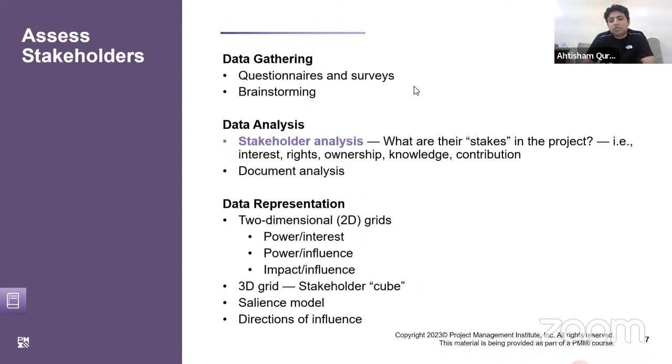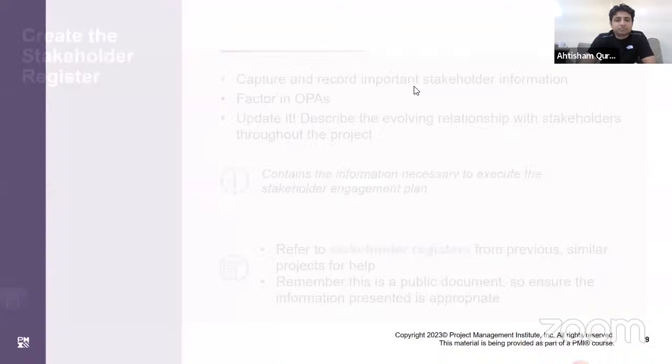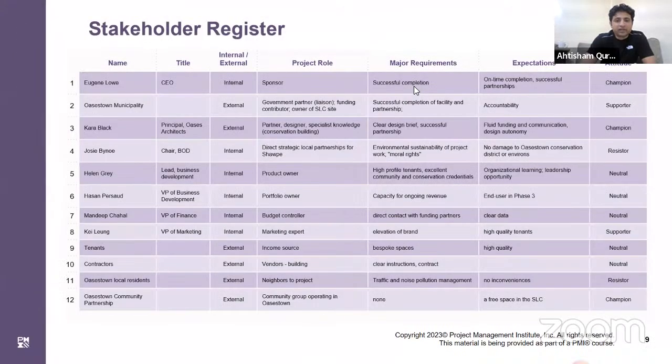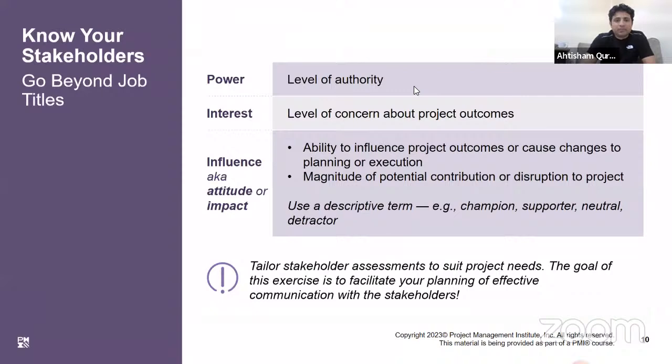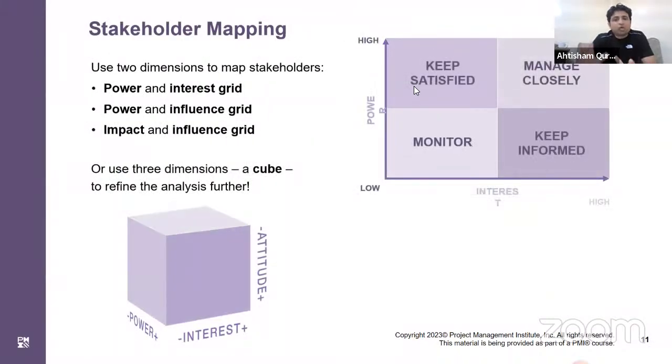So once we know where they fall in these categories, we can plot them. The plotting will become like a matrix. We can create a quick matrix between power and interest level, and then plot the stakeholders. Let's say in the power interest grid, a stakeholder falls under the top right corner.